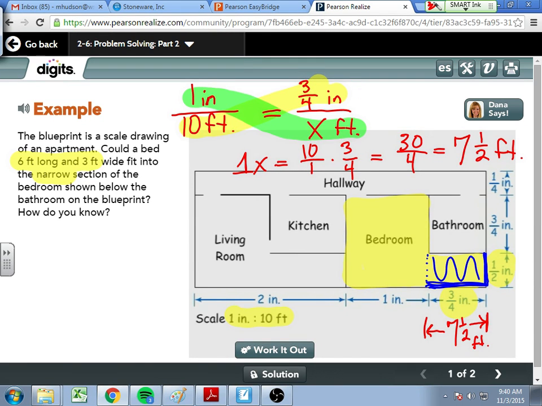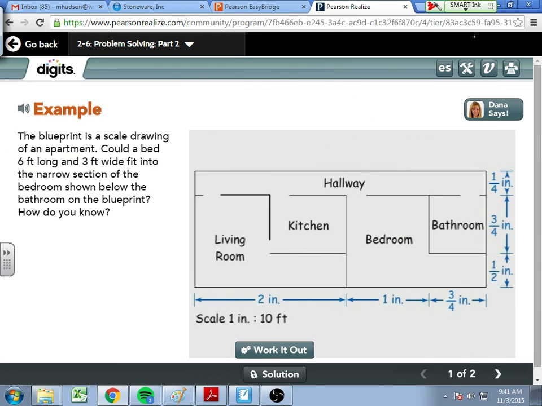Oh, okay. So I liked it up until you said you estimated. At first you were great. You said, okay, 3/4. We know that if 1 inch is 10 feet, then half an inch equals 5 feet.